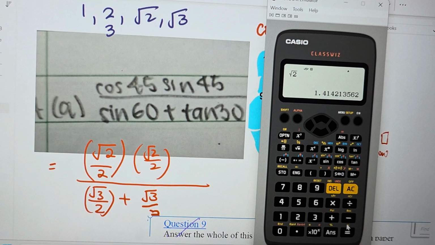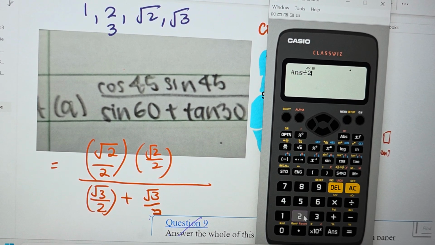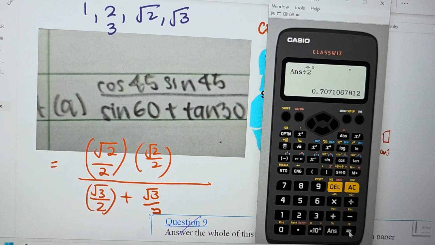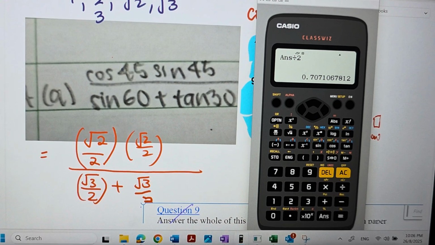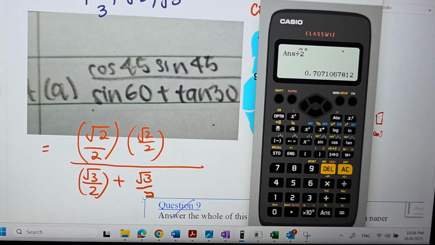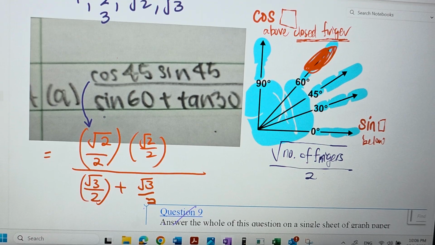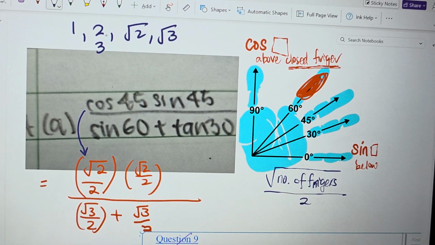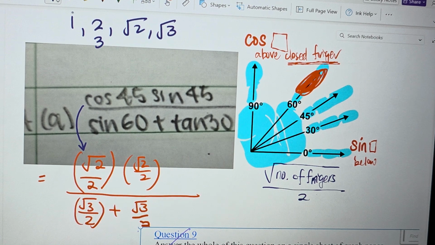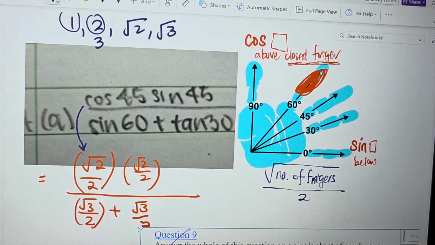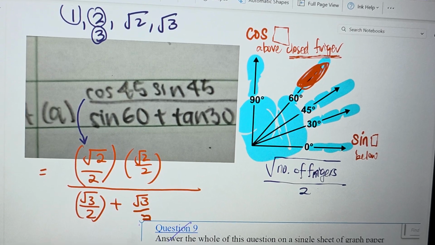Now to get from 1.4 something to the 0.7 something we had just now, just divide by 2. It's exactly the number you got when you pressed cosine 45. So cosine 45 is actually square root 2 over 2. This lazy student method is just remembering these few combinations, and after a while you get the hang of it.